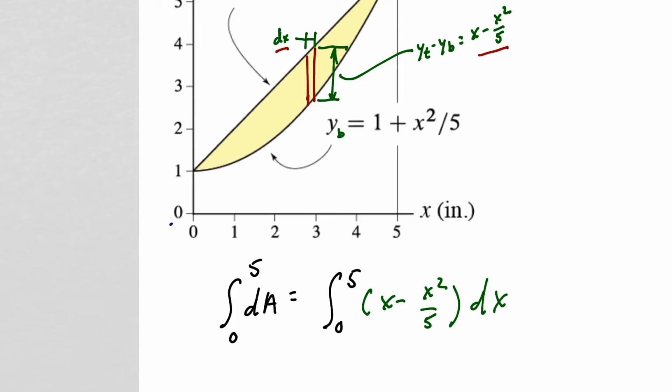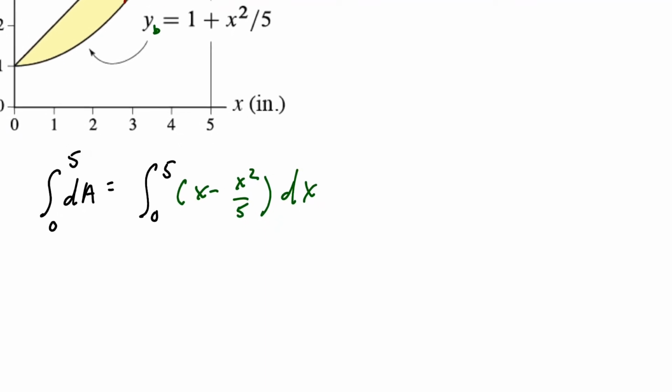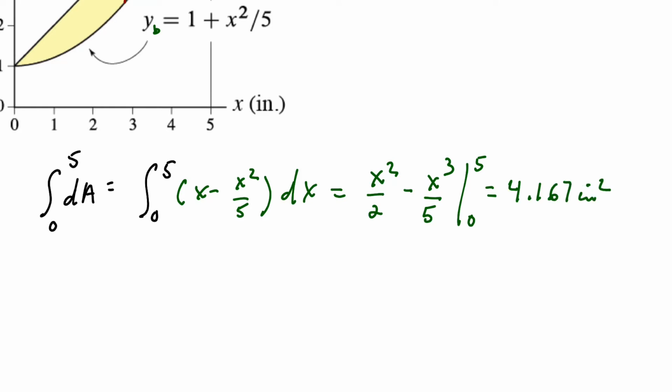That's my width. Now I can just integrate this and solve for the area. This will be x squared over 2 minus x cubed over 15, evaluated between 0 and 5. And if I do that, I will come up with a value of 4.167 inches squared, because it's area. So that's the easy part of this, and this value then is used for both y bar and x bar.